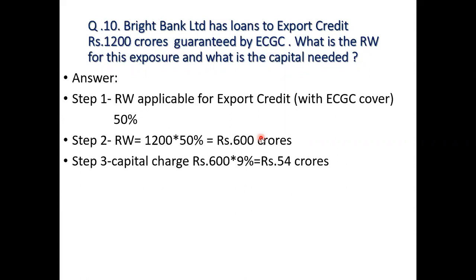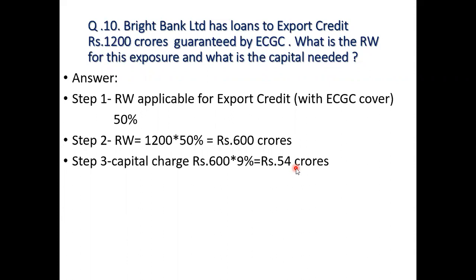The capital needed is 54 crores. Understood or not? Provision is different, risk weight is different. Risk weight is calculated for the purpose of calculating capital needs. Because every capital is ultimately to absorb a future loss in our assets.